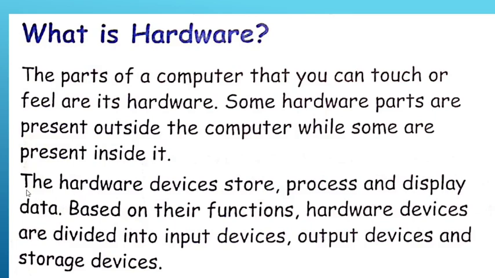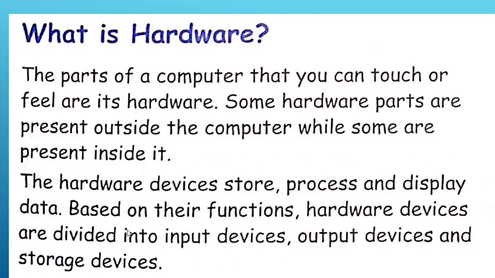Now let's move to the next statement. The hardware devices store, process and display data. Based on their function, hardware devices are divided into input devices, output devices and storage devices.